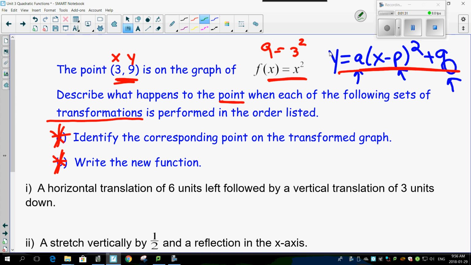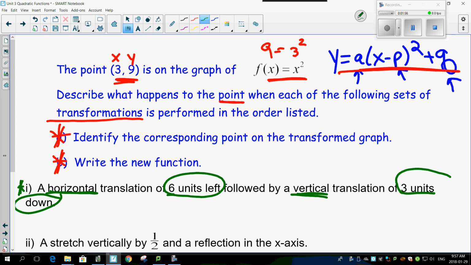Okay, so let's look. In 1, it says you're going to horizontally translate something 6 units left. Okay, what does 6 units left mean? I don't know. Let's read the rest of the question. Followed by a vertical translation, which means moving up or down, 3 units down.